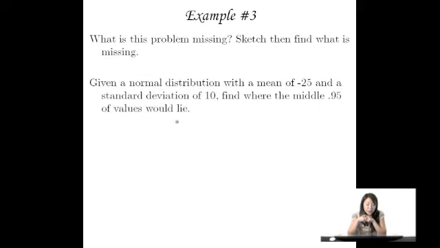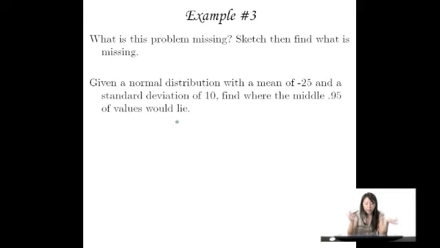All right, so example 3, what is this problem missing? Sketch and find what is missing. Now we know that there's only 2 things that could be missing in the problems that we've introduced so far. One is probability, or the value, the boundary. All right, so it says, given a normal distribution with a mean of -25 and a standard deviation of 10, find where the middle 95% of values will lie.